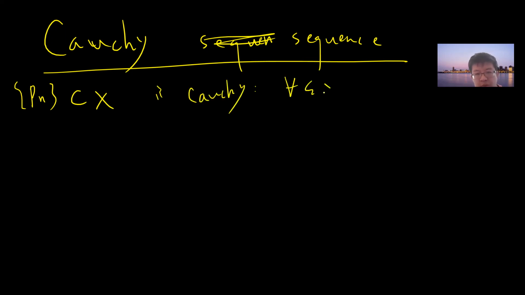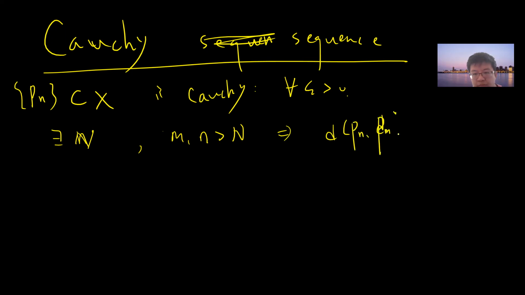It means that for every epsilon greater than 0, you can find some integer N such that when m, n are larger than N, you have d(Pn, Pm) less than epsilon.